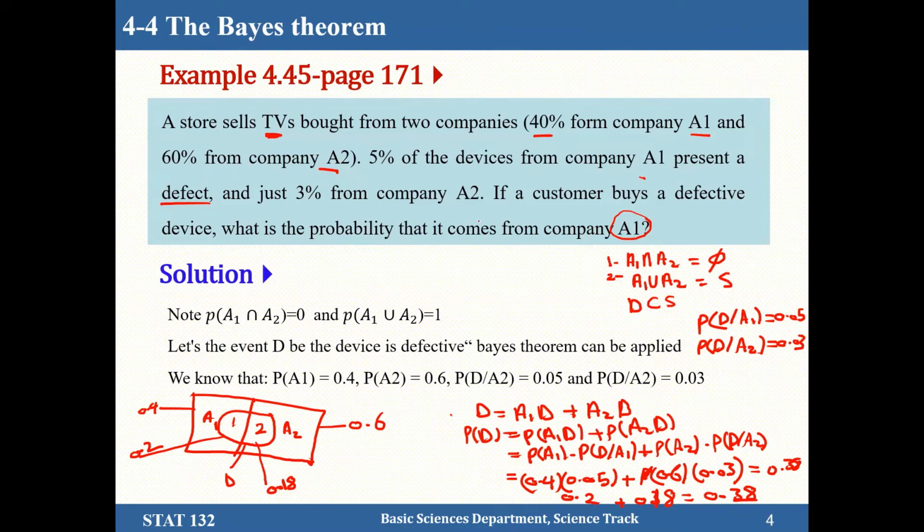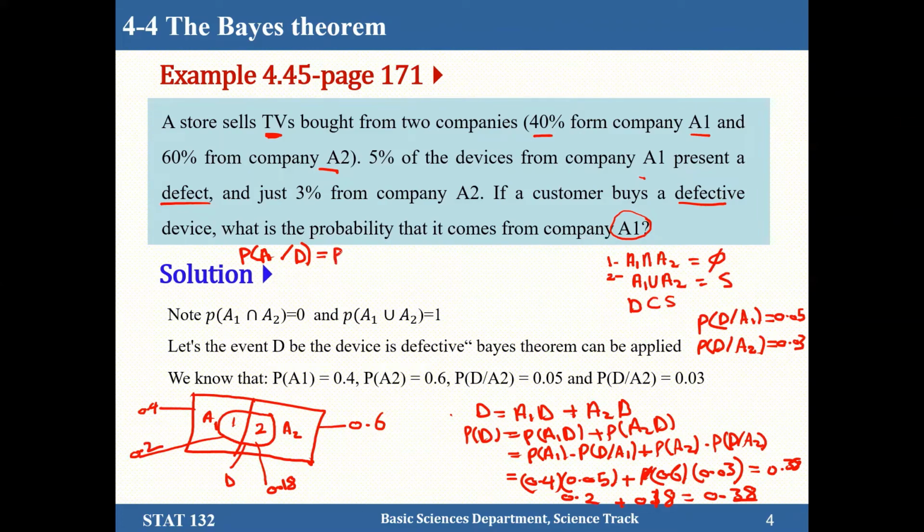How to write this question? Given D, we know it is defective, find the probability of A1. So just part 1 over part 1 plus part 2.